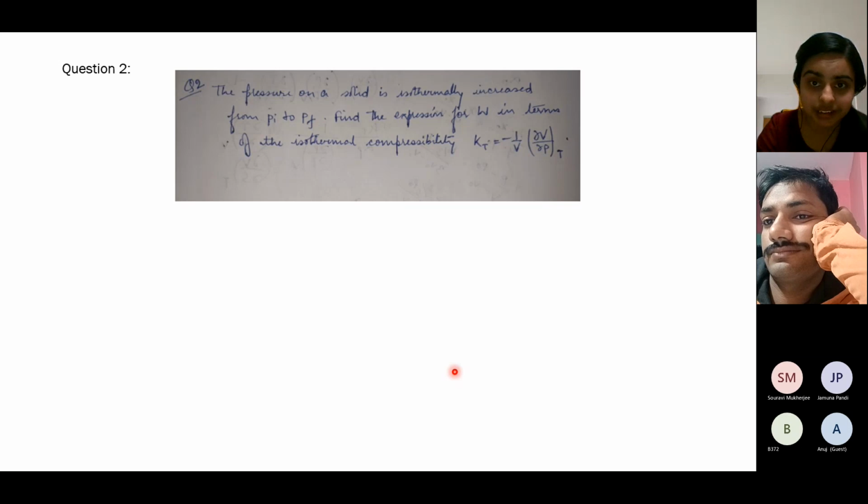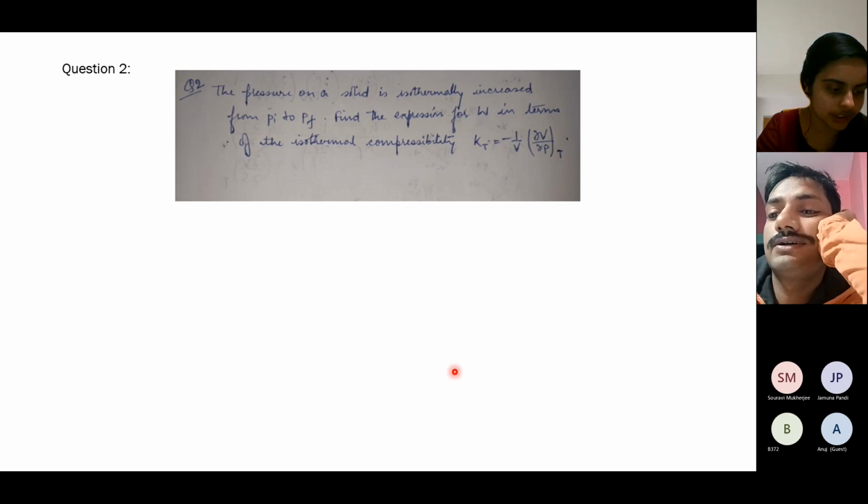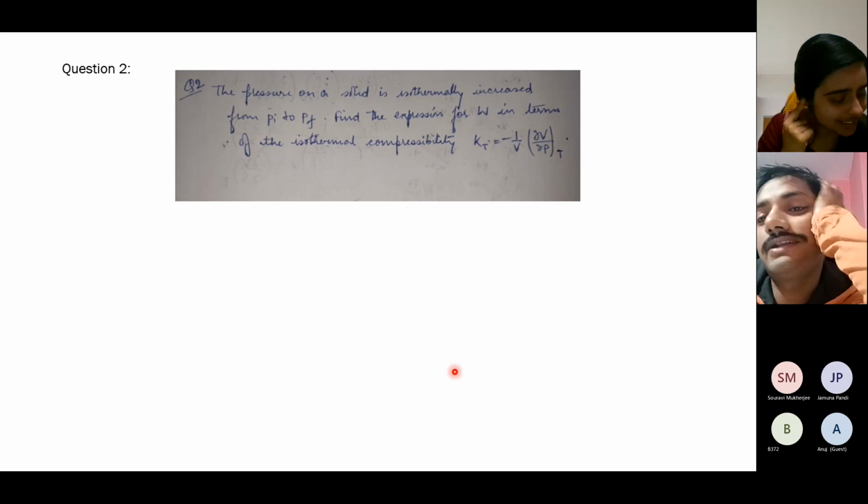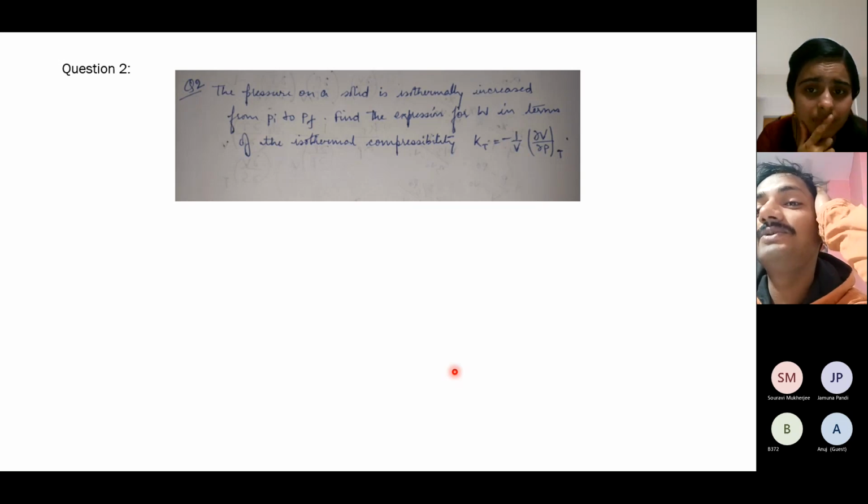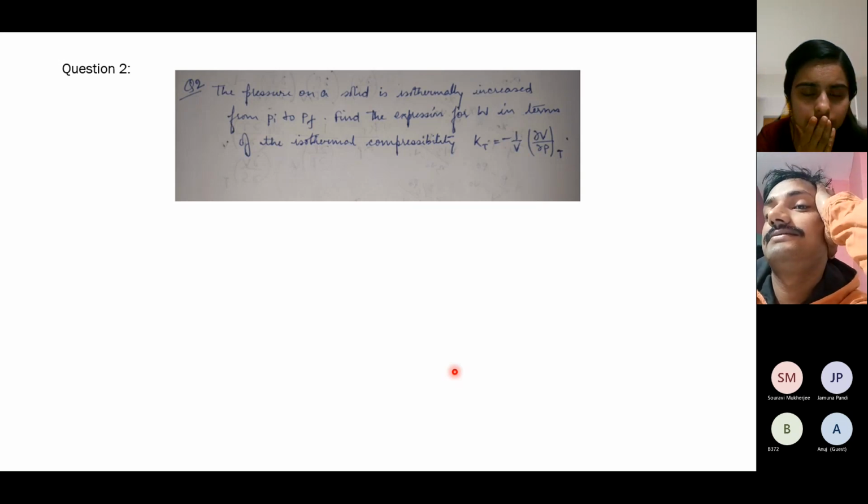Okay, let me better try to share. Can we multiply P on both sides? What will happen if we multiply P on both sides? The right side will be only the term PdV, that is work done.